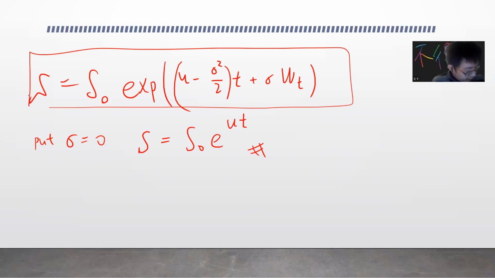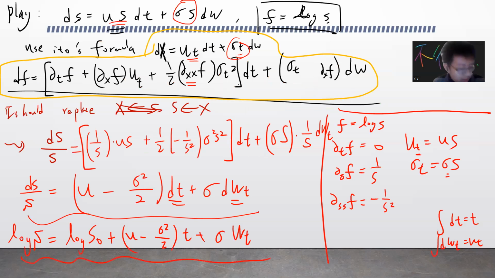So this is the first very simple calculation of geometric Brownian motion. I think this is the same as the Black-Scholes model, the Black-Scholes formula. Forgive me, I'm not sure how to pronounce it.